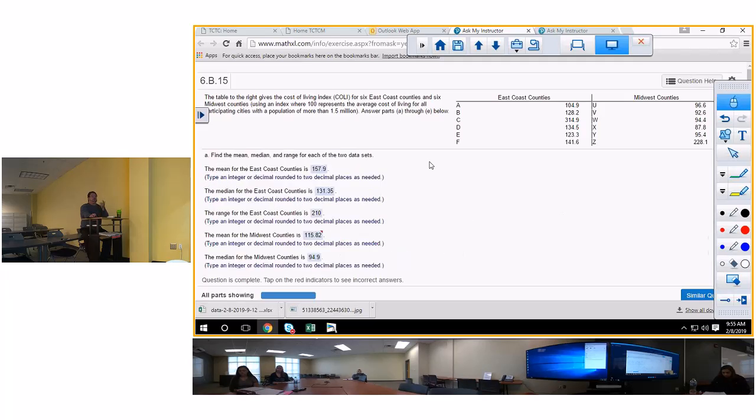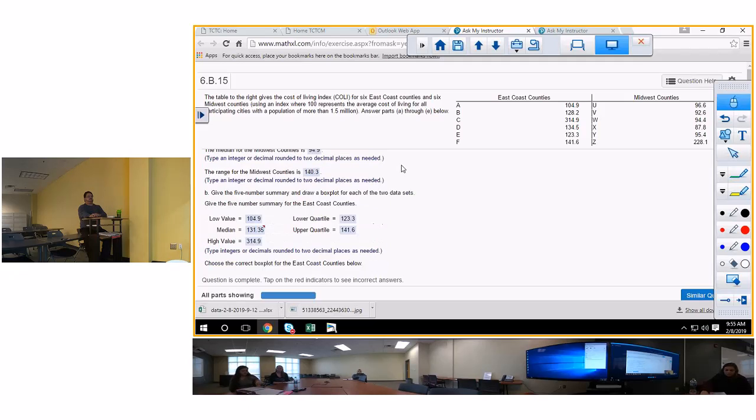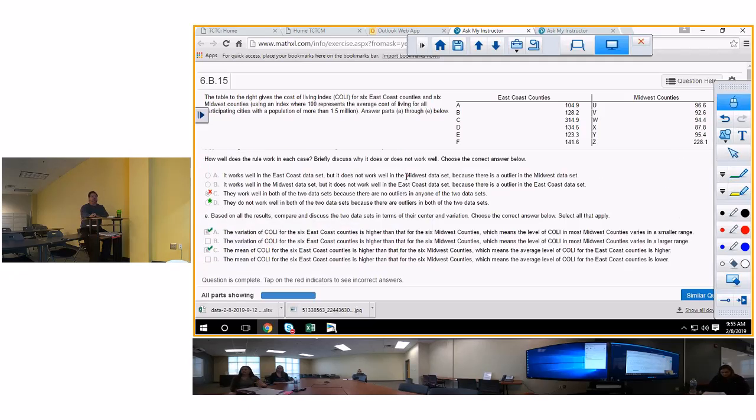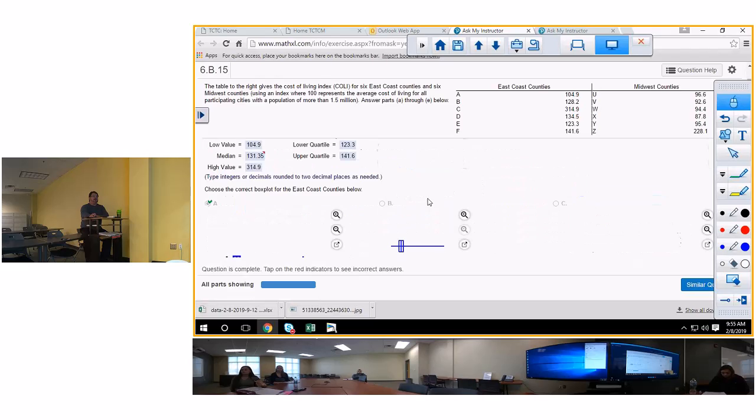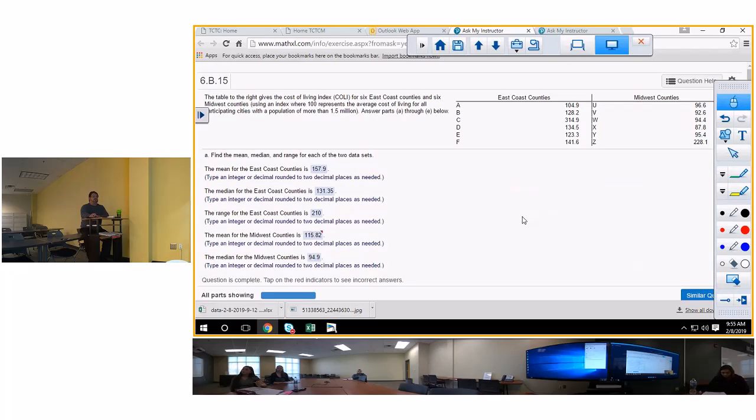If I was to put this on the test, it would be the only question on the test because there are so many parts. It's just ridiculous. I do not like this question as a homework question or as a test question. I'd like it if they just cut out all these questions and say, based on the statistics, which one has the better set of data? Midwest. That would be a good test question. But not all this. This is ridiculous.